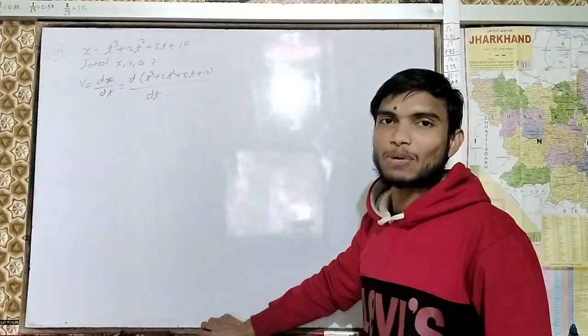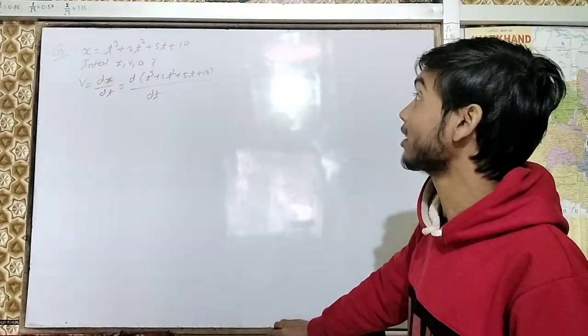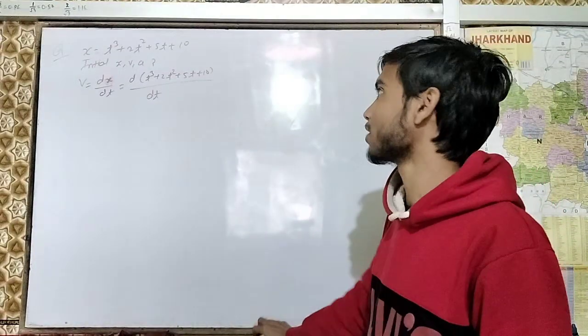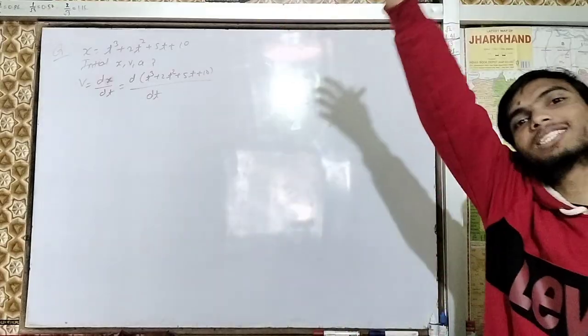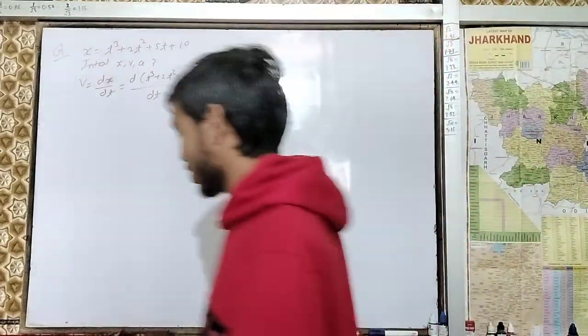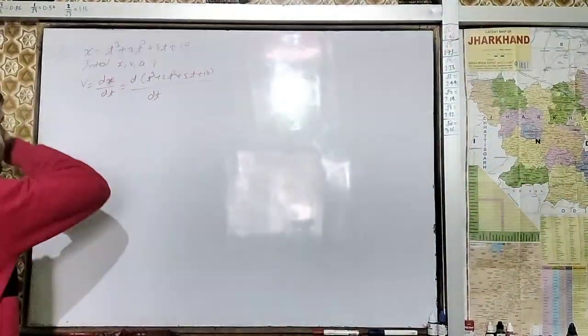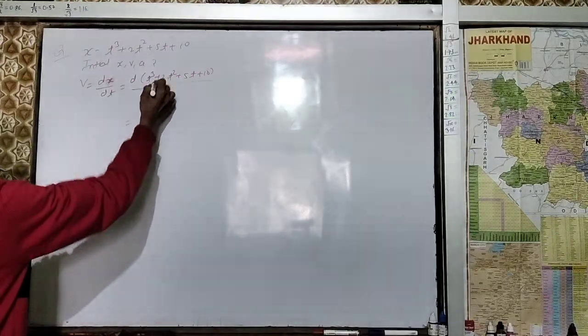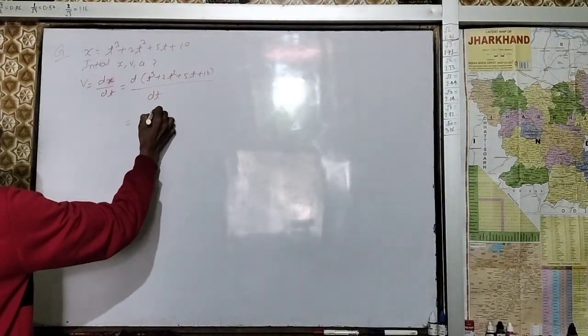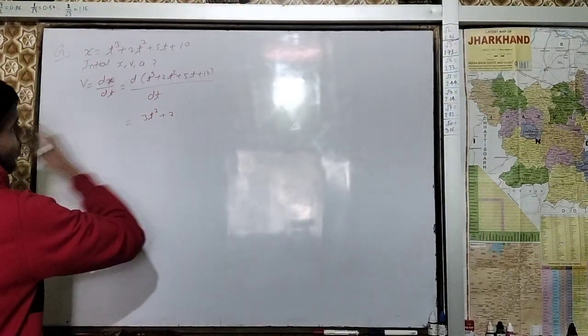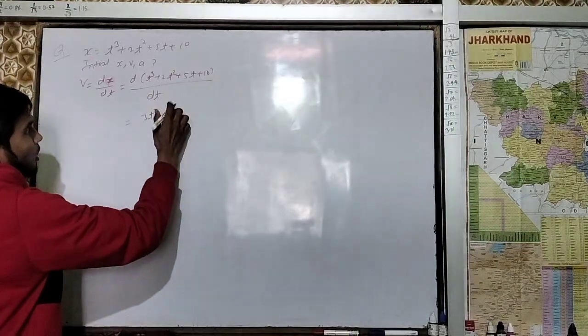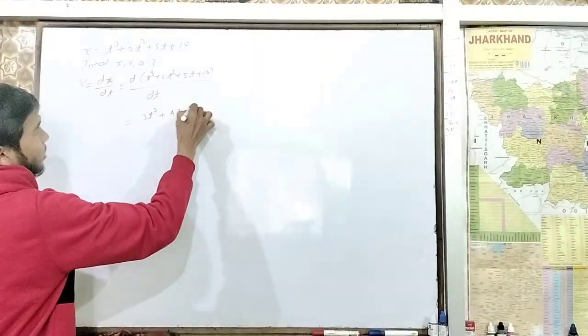Now what is the differentiation of t cube? What is the differentiation of 2t square? What is the differentiation of 5t? And what is the differentiation of 10? You are familiar with all this differentiation. So this will become 3t square plus 4t plus 5.